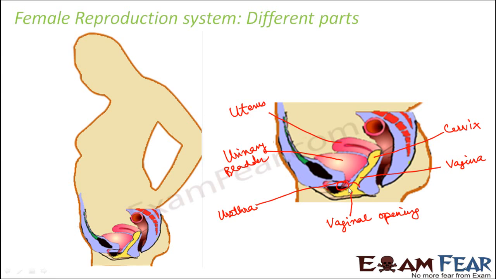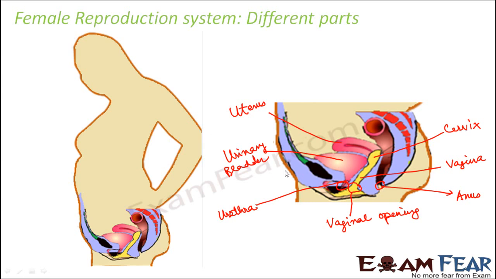There is the next opening, that is the vagina, through which the menstrual flow comes out or the menstrual bleeding happens. And then here you have another opening, that is the anus, through which the undigested food material comes out. So these are the three openings seen in a female's body.